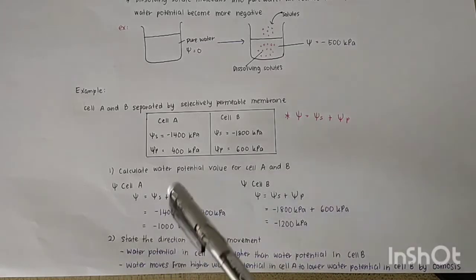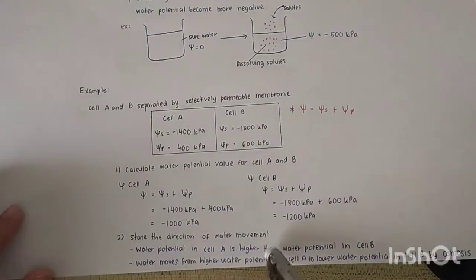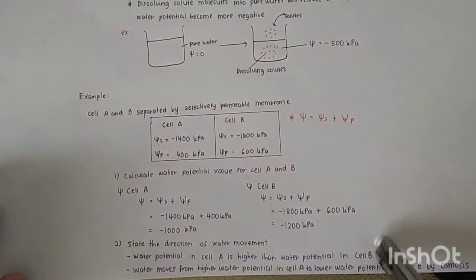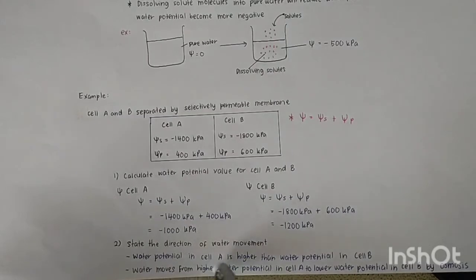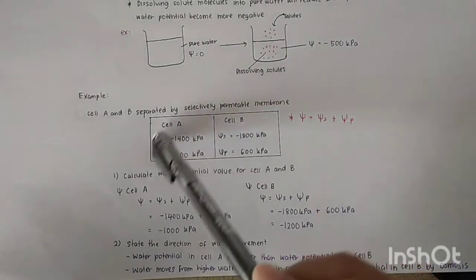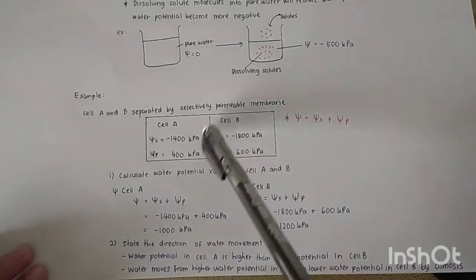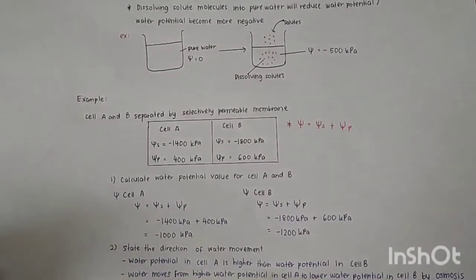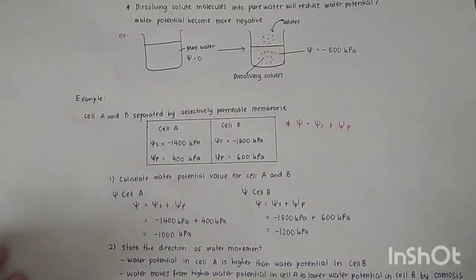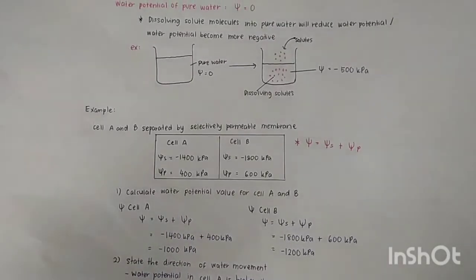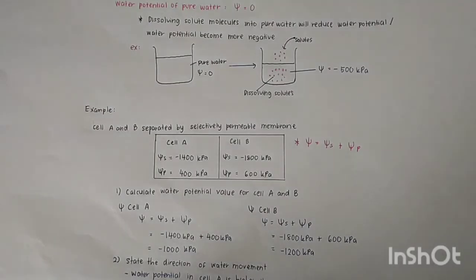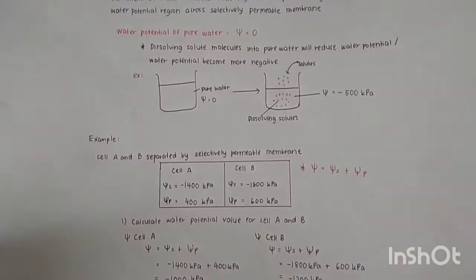So since the water potential in cell A is higher than in cell B, water will move from higher water potential, which is cell A, to lower water potential, which is cell B, by osmosis. So you have to know how to differentiate which cell has high water potential and which has low water potential, and relate it with the concept of osmosis. Okay.